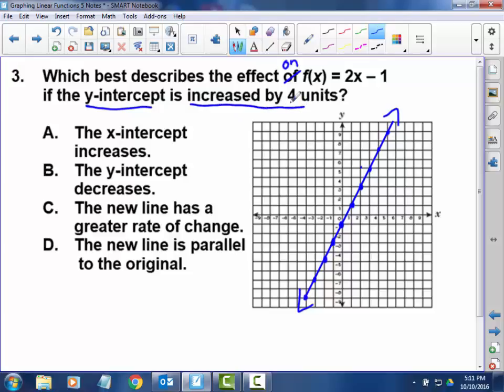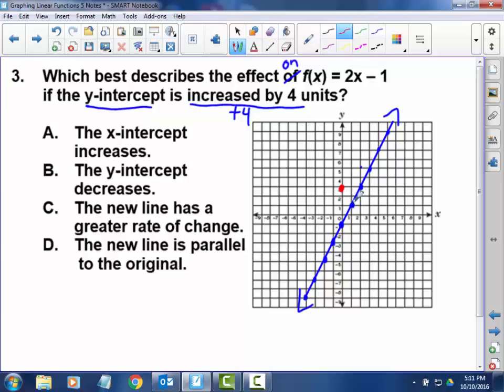And we're going to change the y-intercept, increasing it by 4. So we're going to add 4 to this line on the y-intercept. Okay, so our y-intercept is currently at -1. So if we increase by 4, we're counting up 1, 2, 3, 4. And that's all that's changing.